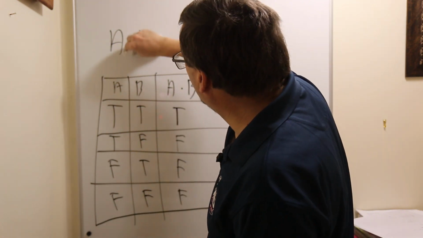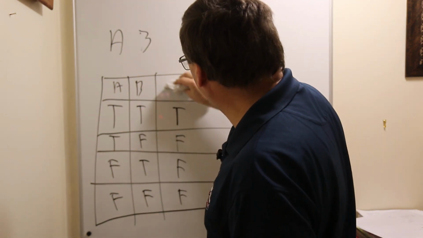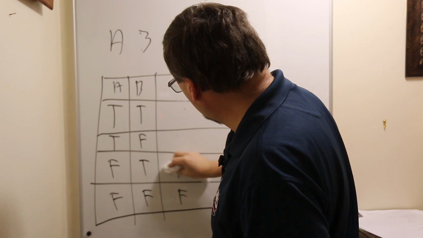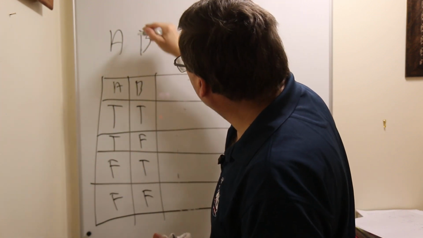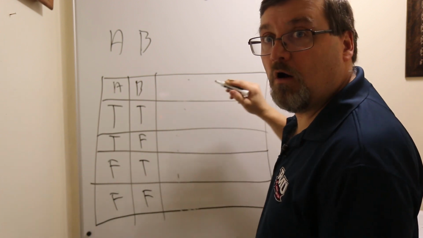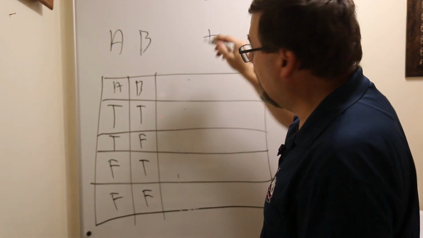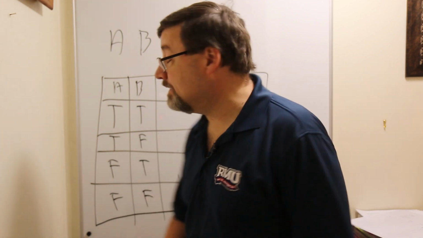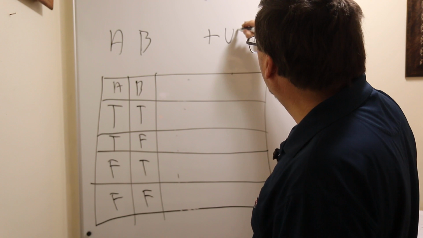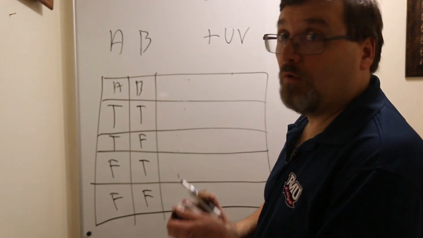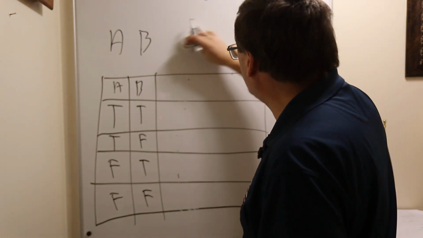If we're going to do OR, we can do an OR statement. The symbols for OR are either a plus sign. Yes, I know, plus is AND when we're doing math. 3 and 4 is equal to 7, but it's OR in logic. So we can do an OR, we can do a U like that, a V like that. Those are the ones we're going to do for OR.